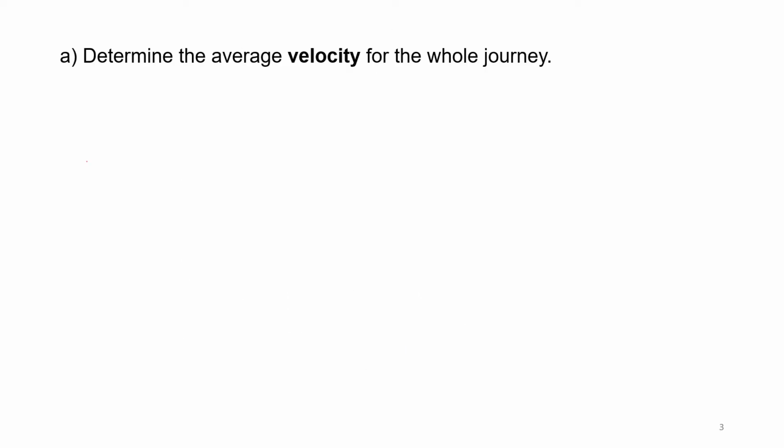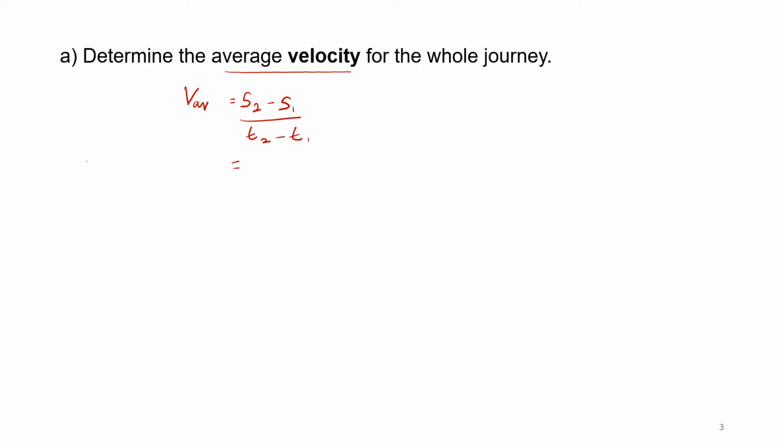Now, determine the average velocity for the whole journey from time 0 second to 14 seconds. We use the equation for average velocity: S2 minus S1 over T2 minus T1.